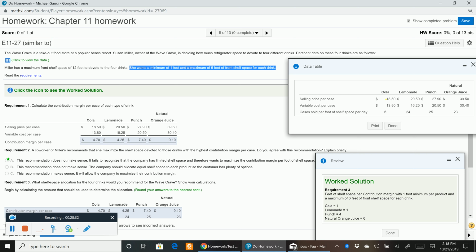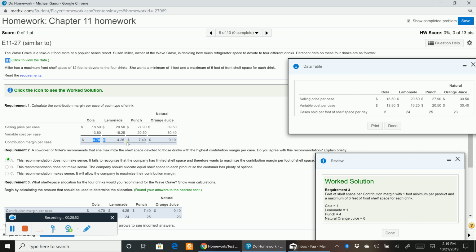So the author tells us the selling price for cola is $18.50, but the variable cost per case is $13.80, so our contribution margin per case is $4.70. Lemonade is $4.25, the punch $7.40, and the natural orange juice $9.10.